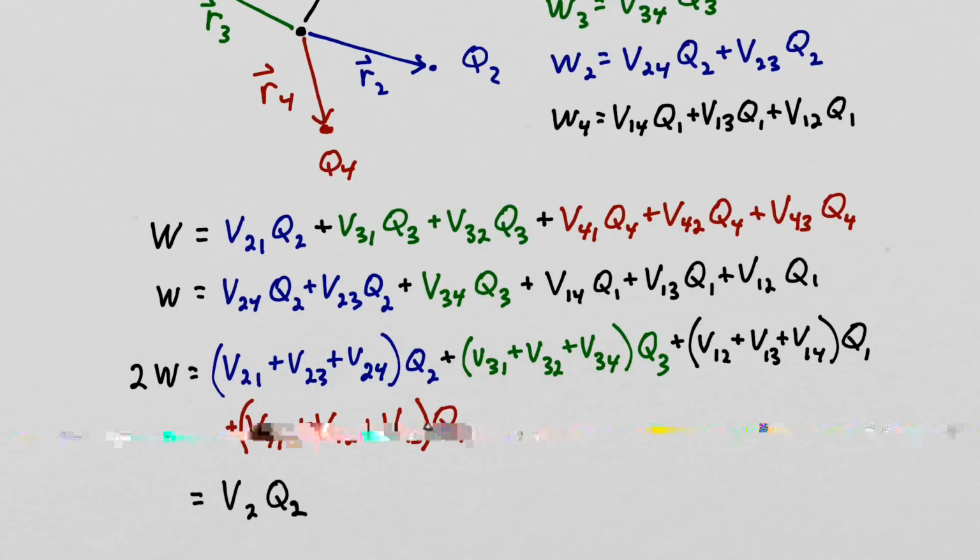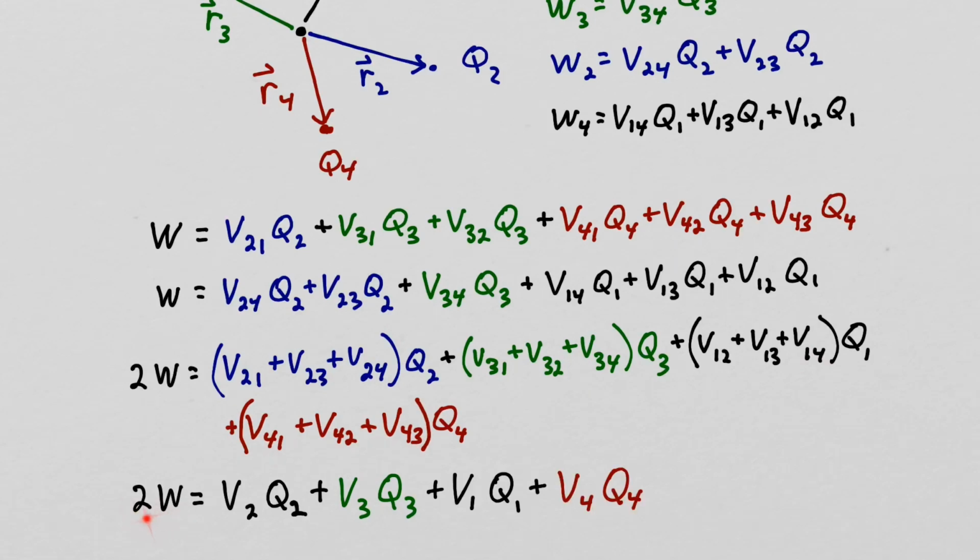Similarly, for the sum of these three potentials, which will be V sub 1, and these three potentials, which will be V sub 4. So twice the energy in our configuration of charges is equal to the potential at the location of Q2 times Q2 plus the potential at the location of Q3 times Q3 plus the potential at the location of Q1 times Q1 plus the potential at the location of Q4 times Q4.